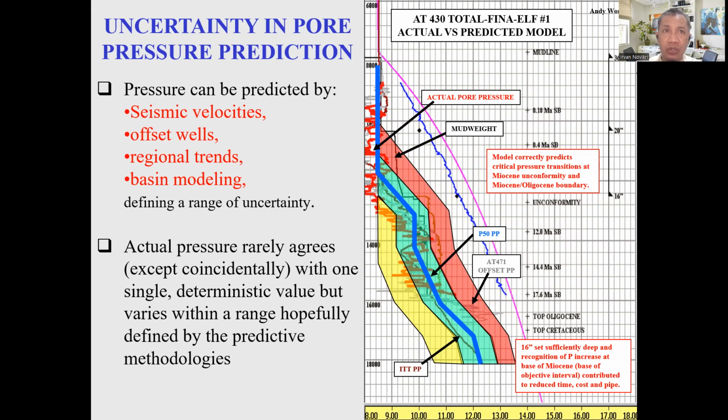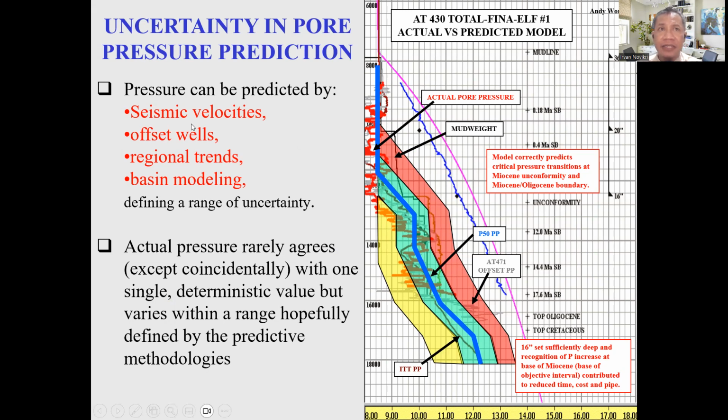It is important to note that the actual pore pressure rarely aligns precisely with a single predicted value, but instead varies within a range that is ideally defined by the predictive methodologies employed. This approach helps establish a range of uncertainty in the predicted pressure values rather than providing a single deterministic value.